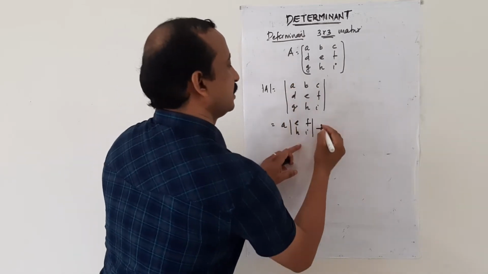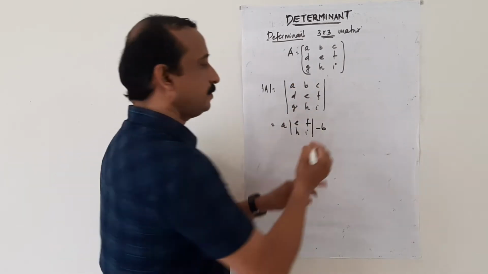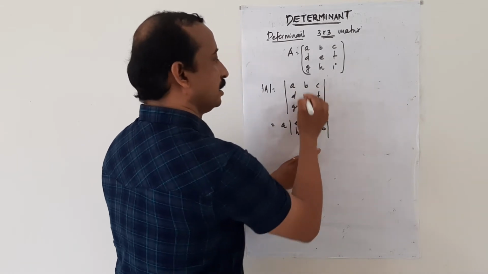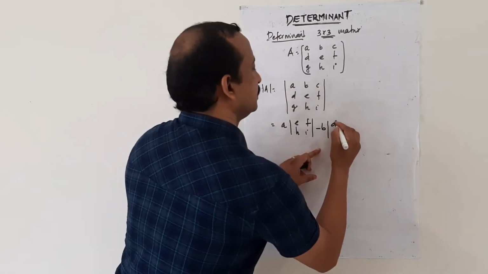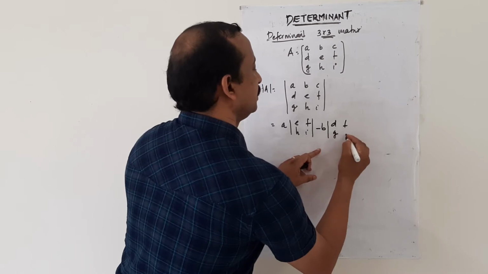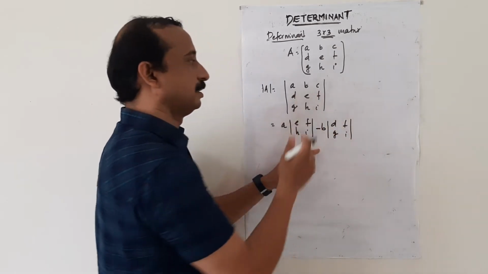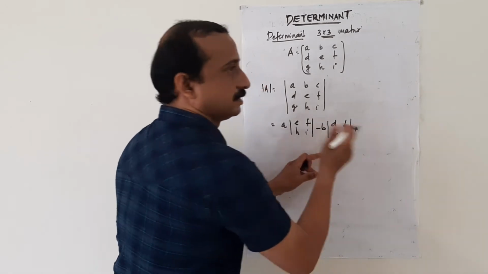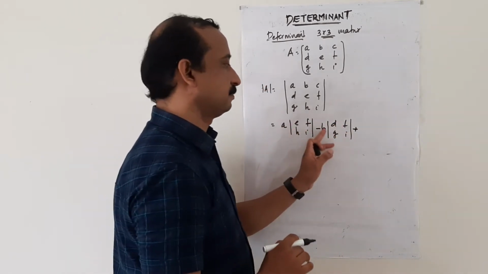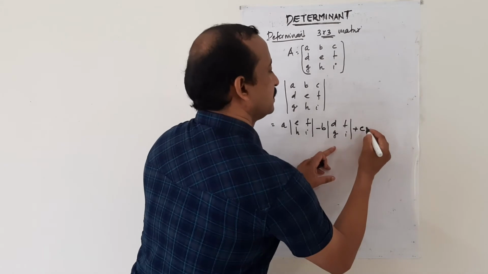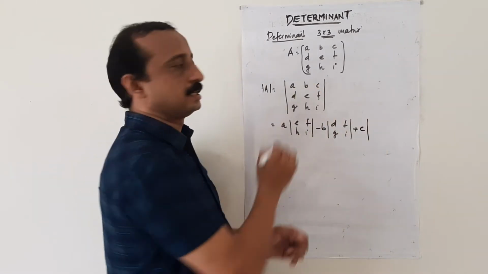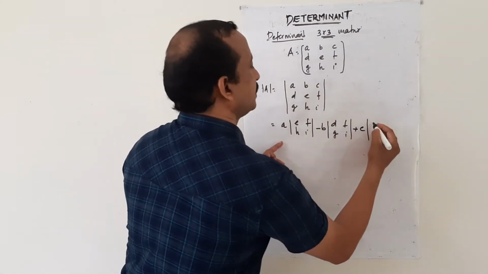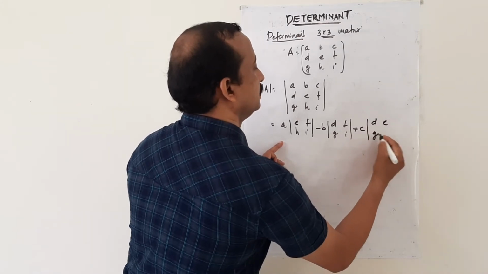Minus, the second element D. Then delete the corresponding row and column. The balance elements are B, C, H, I. Then find the determinant value of the balance elements. Then again plus, alternating signs. Plus, minus, plus. Then the last element C. Delete its corresponding row and column. The balance elements are D, E, G, H.